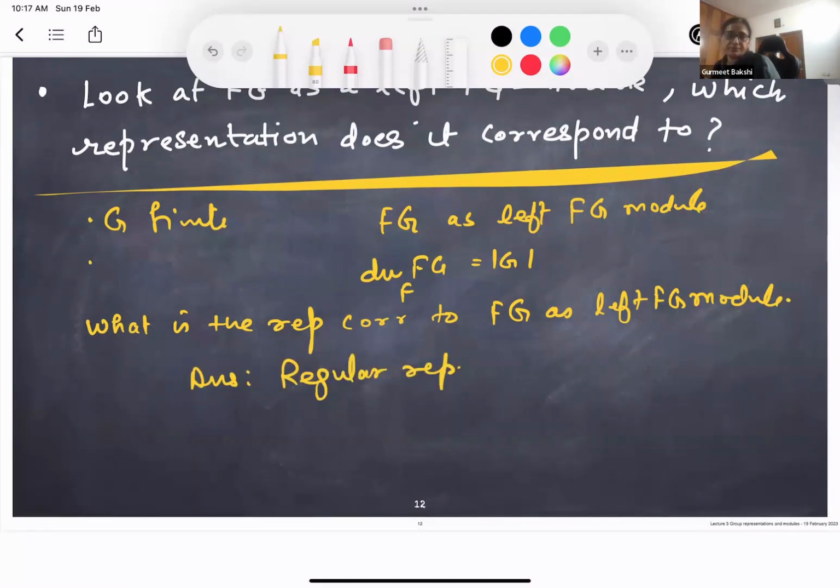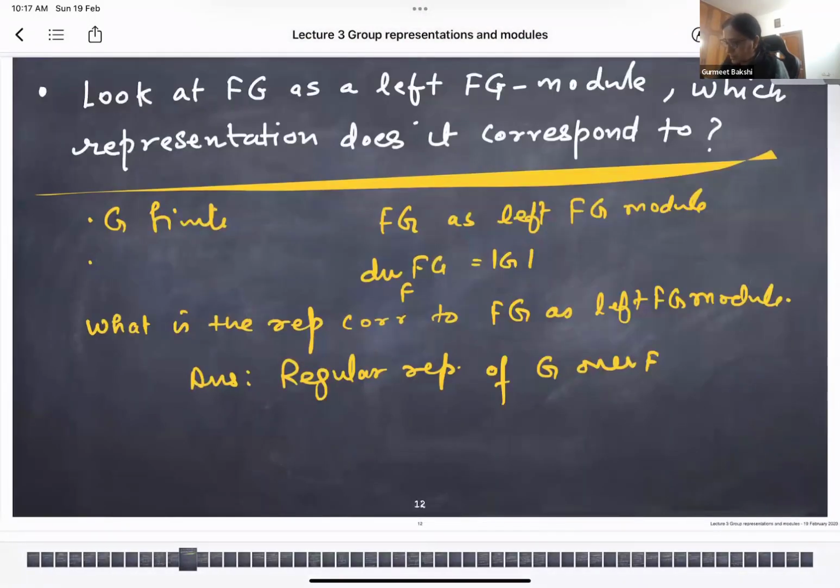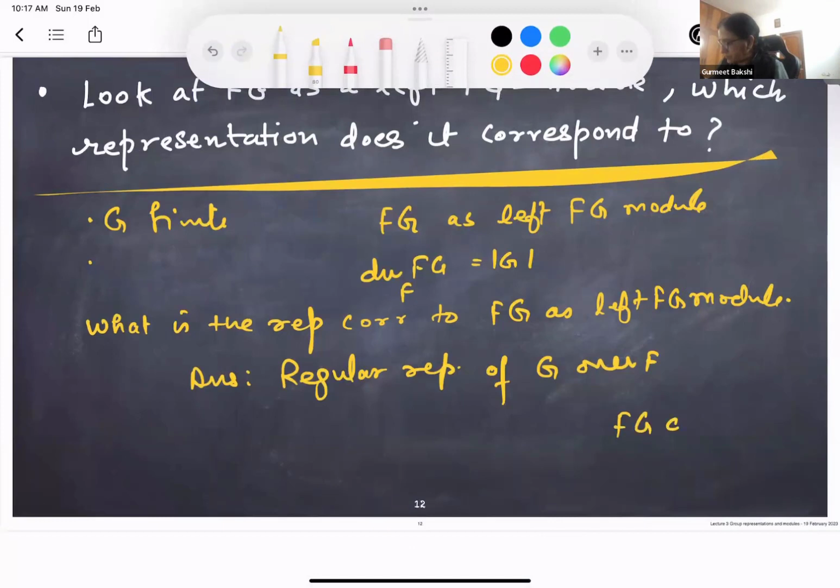Can you see that? Just look at the way we have defined it. Look here. I had FG as an FG module, and the way I explained to you, construct a representation.